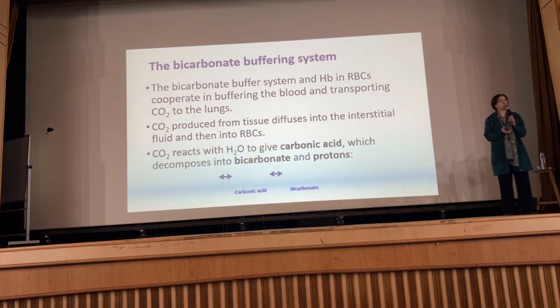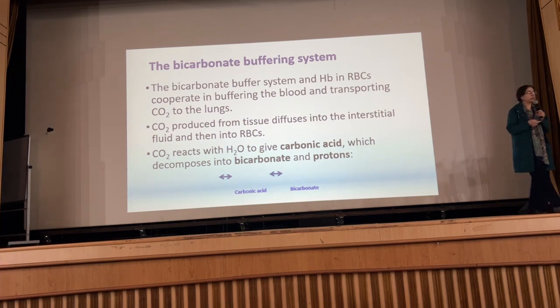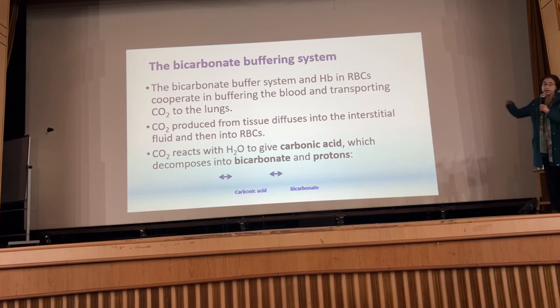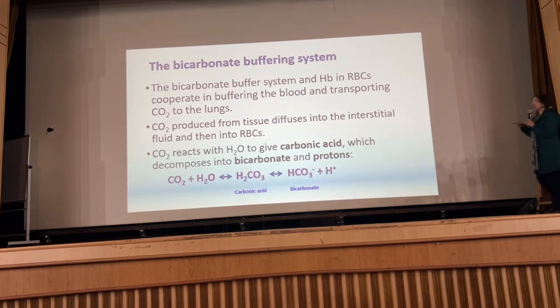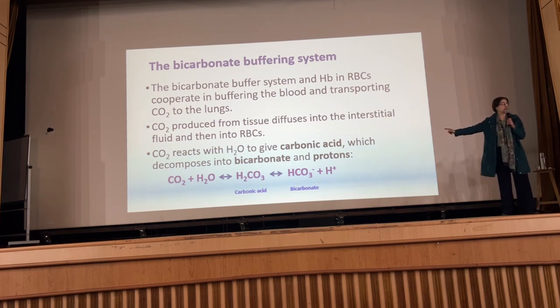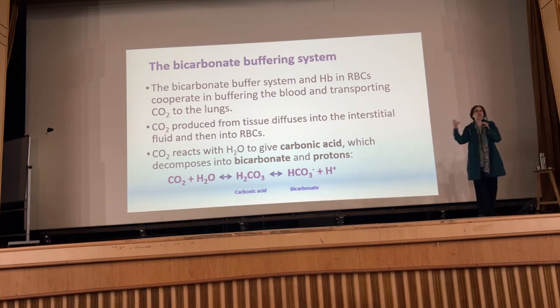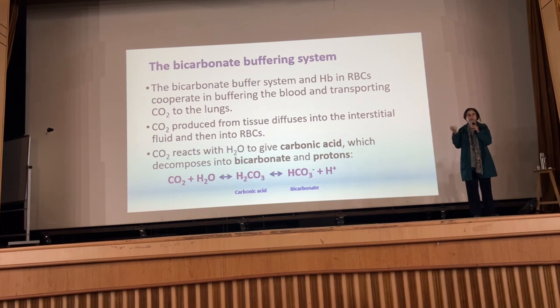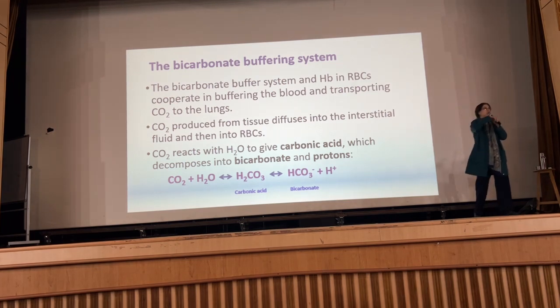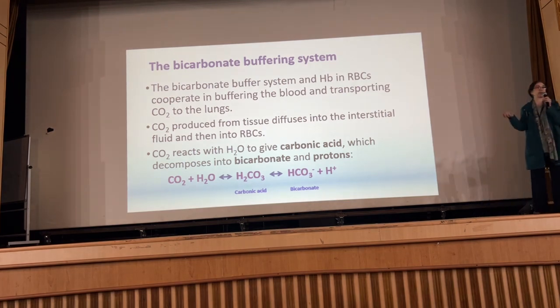CO2 produced in the tissues gets to the blood. In the blood, it binds with water to make carbonic acid. Carbonic acid is a weak acid, and weak acids are what make buffers. Why? Because weak acids do not dissociate entirely in water solution. So they don't all ionize.